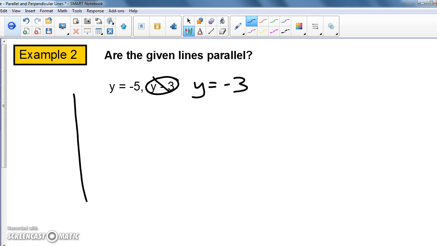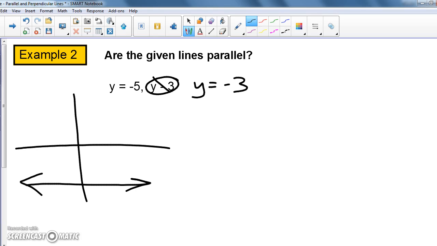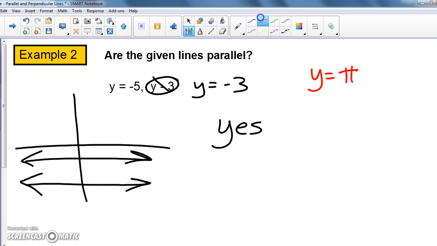So if I just sketch this quickly, y equals -5 is going to look like this. And y equals -3 is going to look like this. So yes, they're parallel. So we can really go ahead and make a rule. If you have y equals a number, those are always parallel to any other y equals a number.